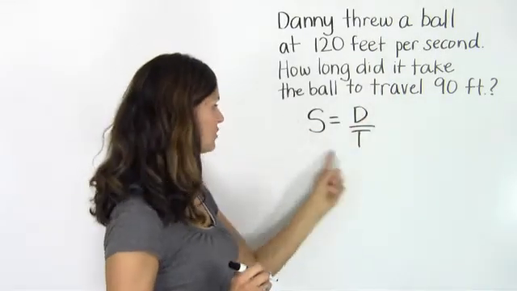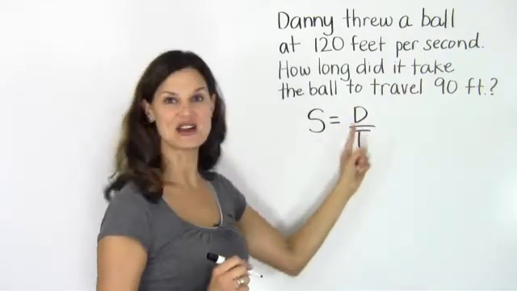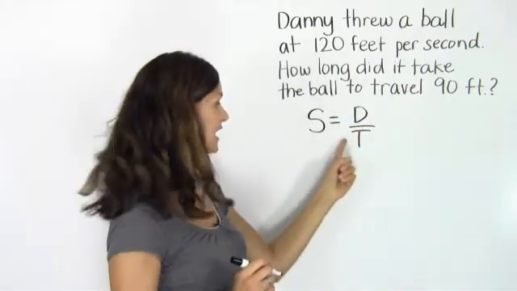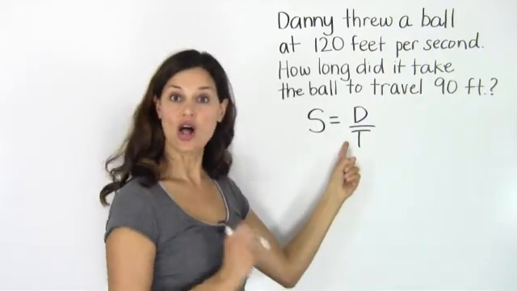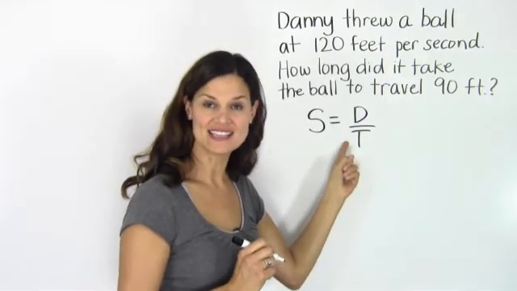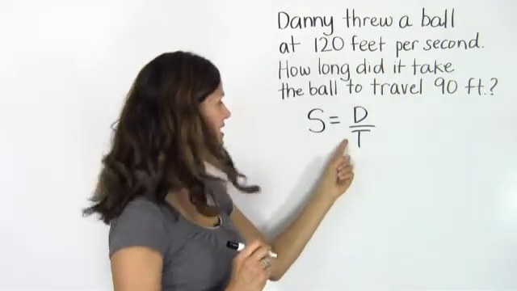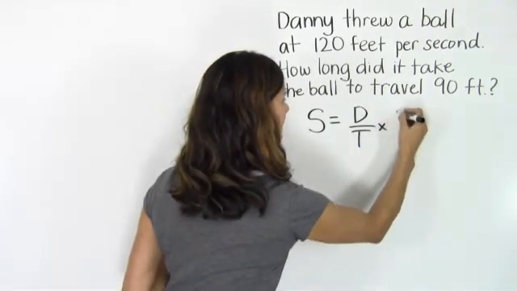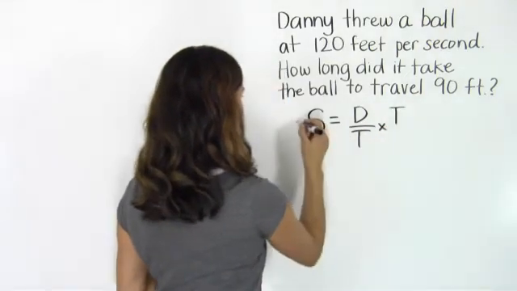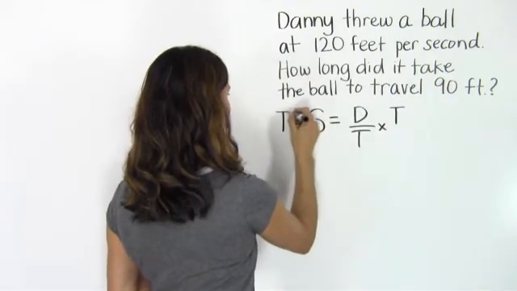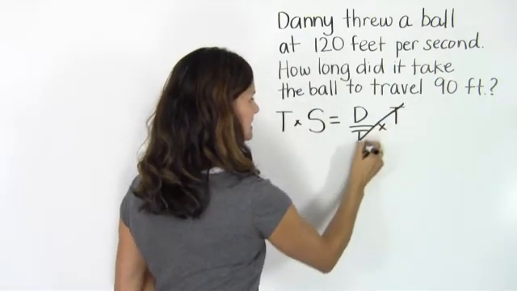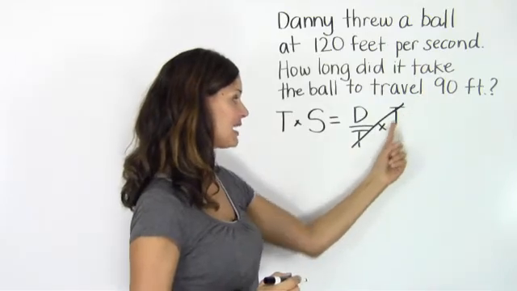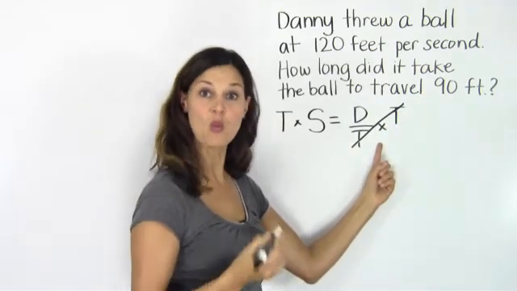So I'm going to rearrange my S equals D over T formula so that I have T all alone by itself on one side of the equal sign. So what I want to do is first of all multiply both sides of my equation by T. This cancels this T out of this side because any number over itself is just 1.